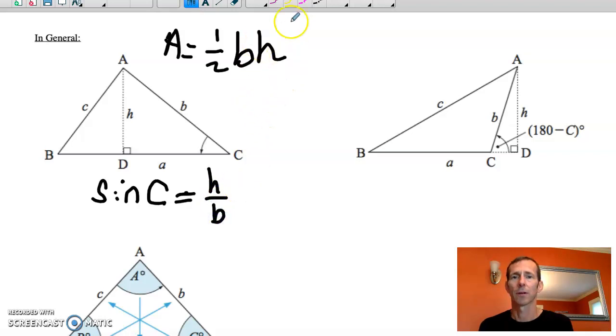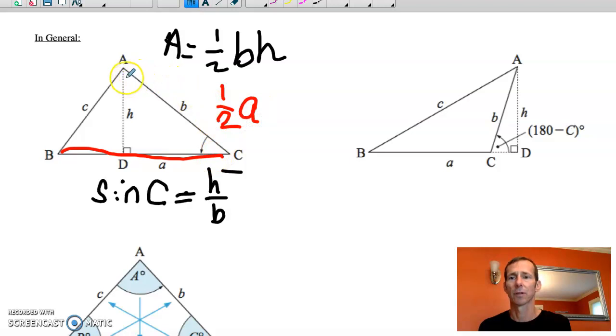And so if I want to talk about this in terms of a triangle, I want to realize that for this overall triangle, the base of the triangle is A, so this B, which is the base of the triangle, is actually side A. So we could start to rewrite this as 1/2 A, and the height of this triangle right here.